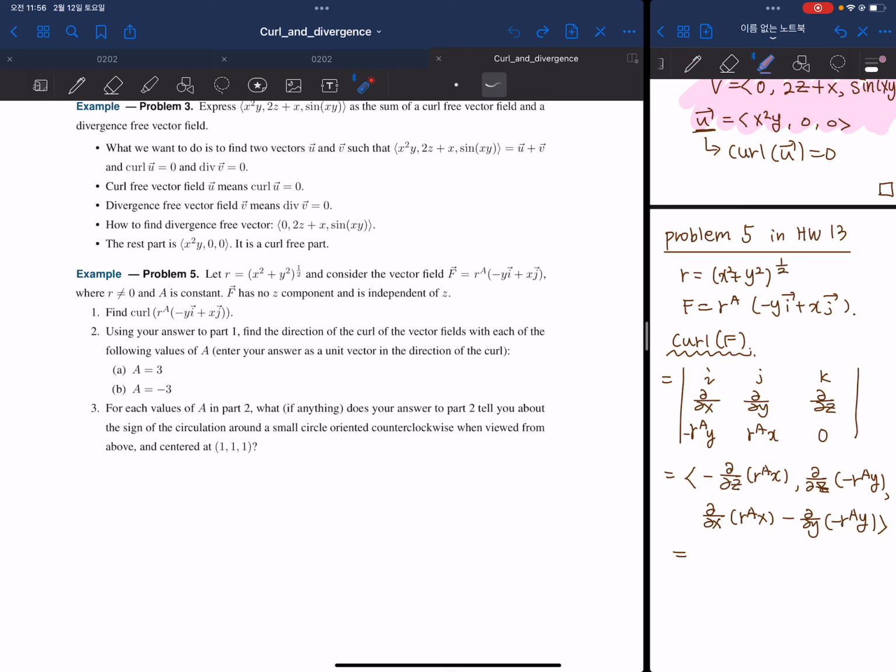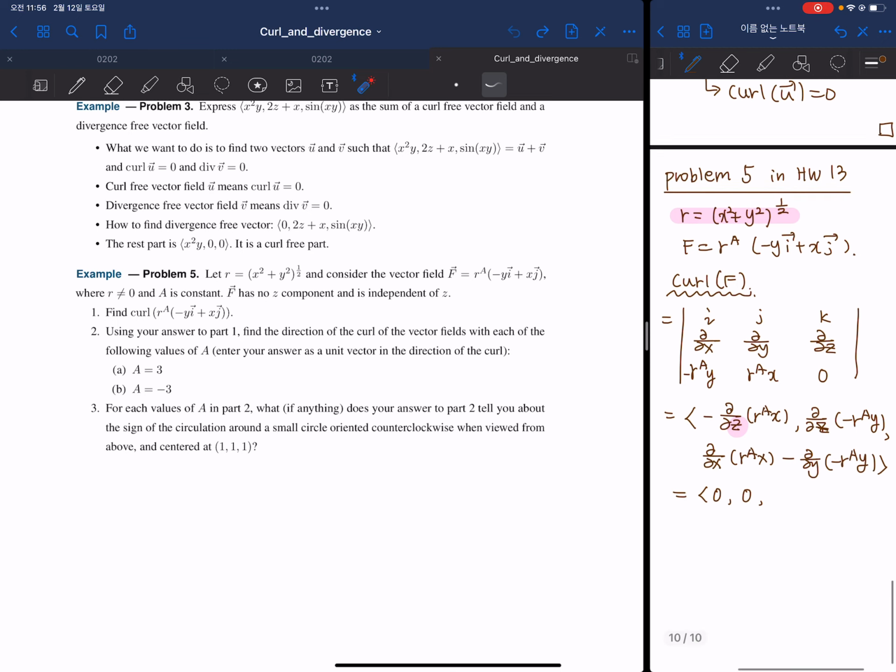Then let's say that here r is a function of x and y. If we take a derivative with respect to z, it will be just 0. The second term is also 0, and then the last term we need to think about more.